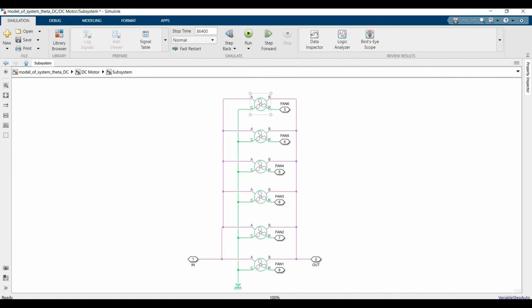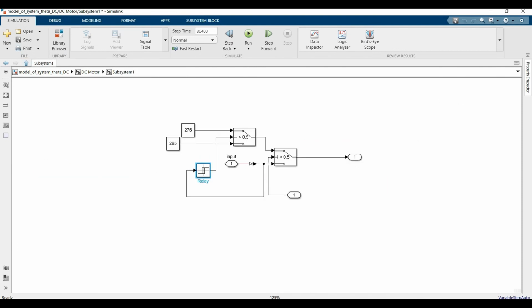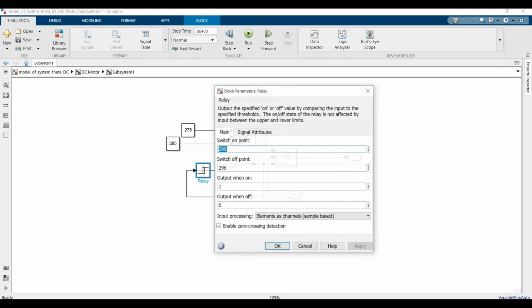And we have 6 fans that pass cold air to the space. At this part, when the temperature goes higher than 299 Kelvin, it passes 275 Kelvin air, and if it goes lower than 296, it passes 285 Kelvin air to the space.